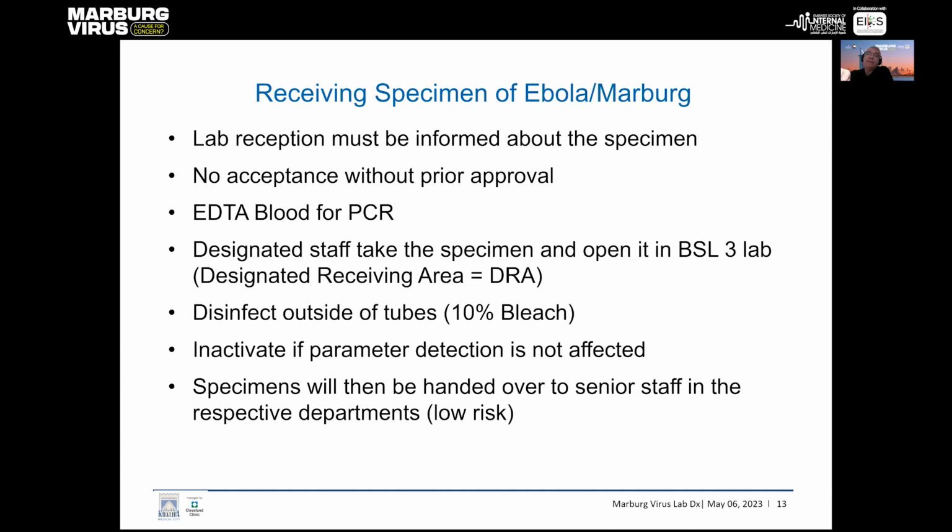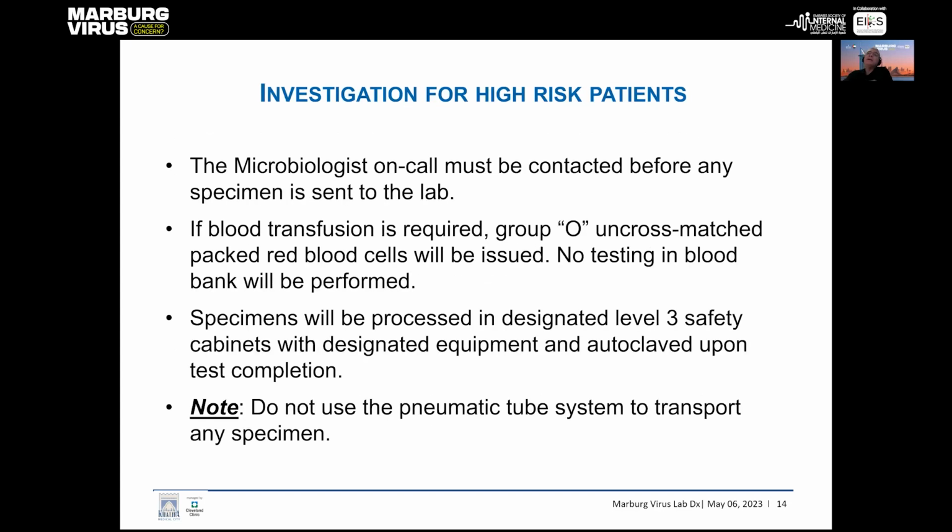The specimen will then be handed over to one of our senior staff in the respective departments once we have inactivated it, because then you can move it out of the biosafety level 3. So there is a little difference between high-risk patients and low-risk patients in how you handle the samples.